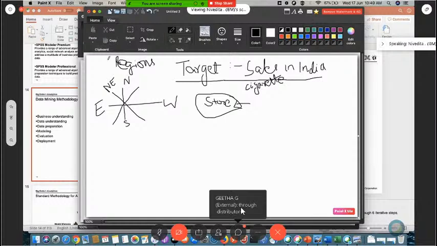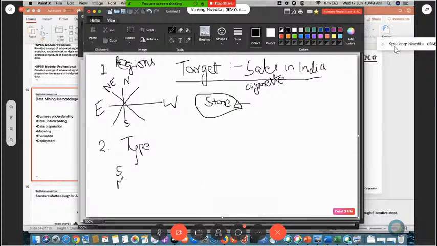So what we do is we take one criterion as region, another criterion as type of store. Type of store could be supermarket, hypermarket, a tabletop, or a kiosk. So let's say 4. In each of the regions, we'll have these classifications.